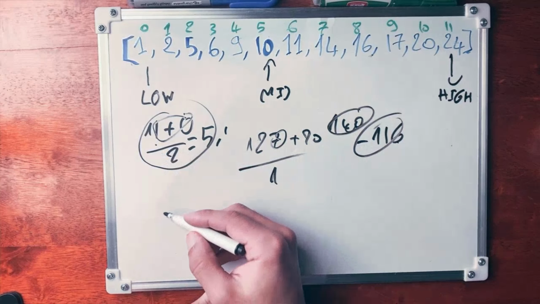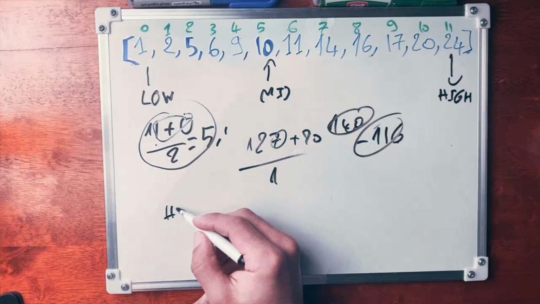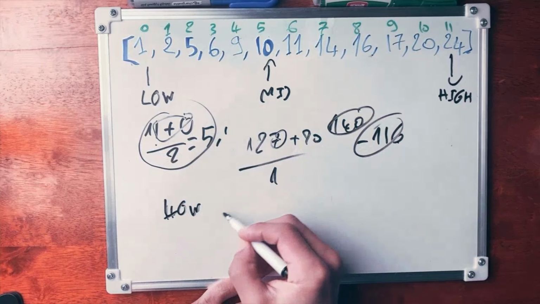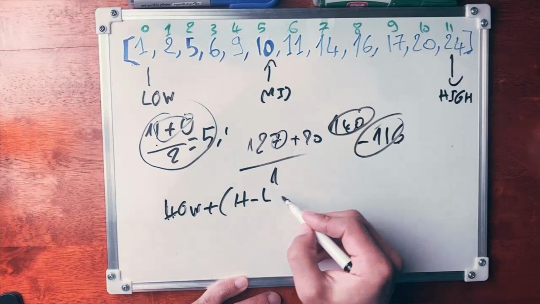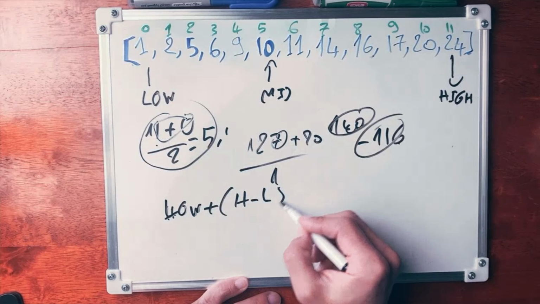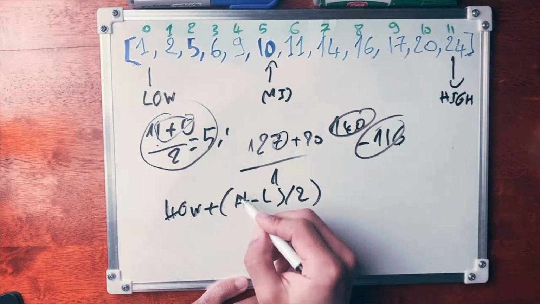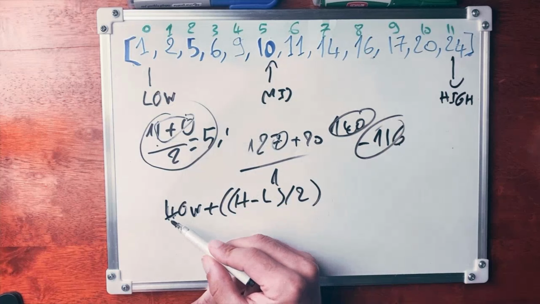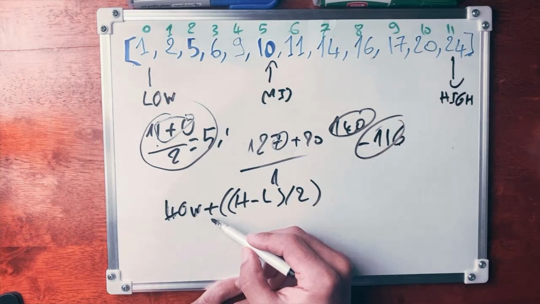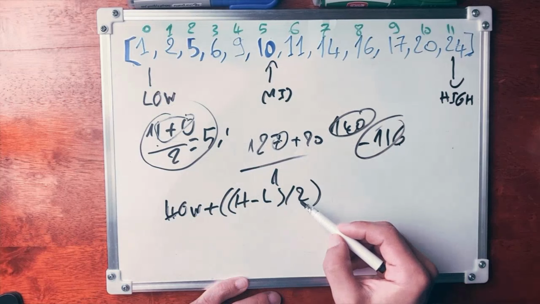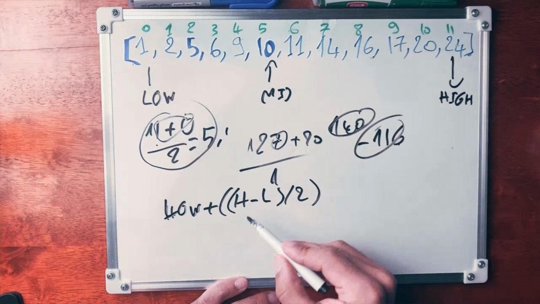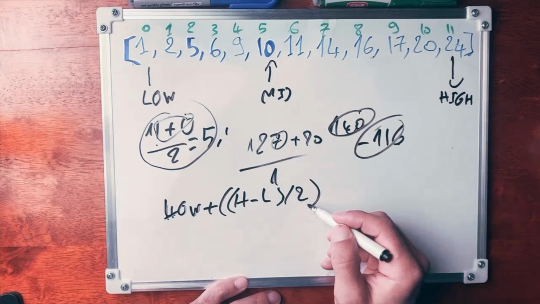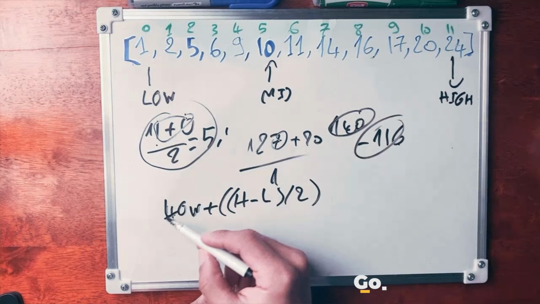So you take the low plus the high minus the low, divided by 2. The low plus high minus low, divided by 2. So you subtract the low from the high, divide the result by 2, and then add it to the low.